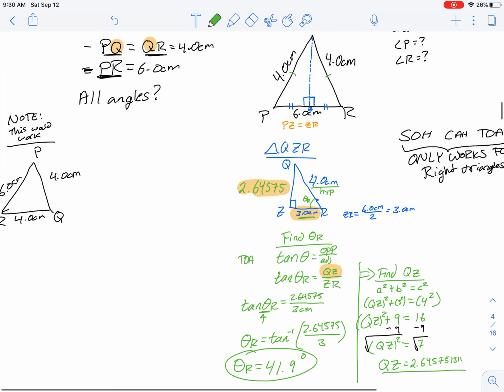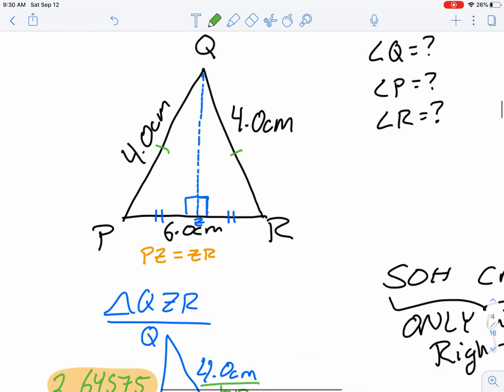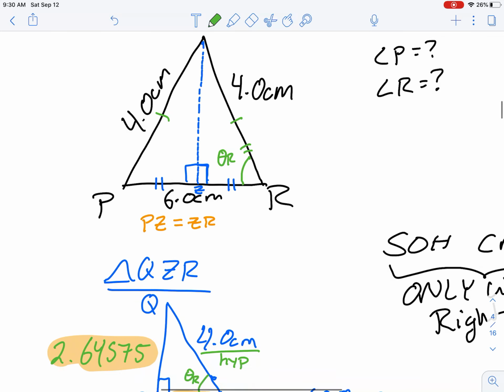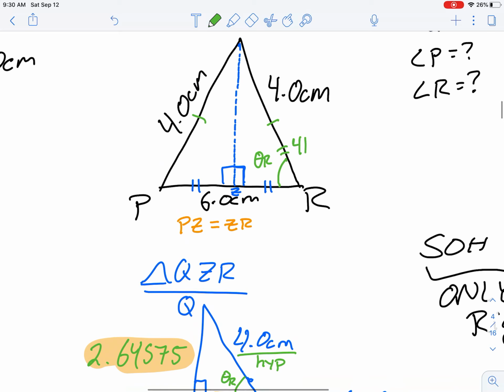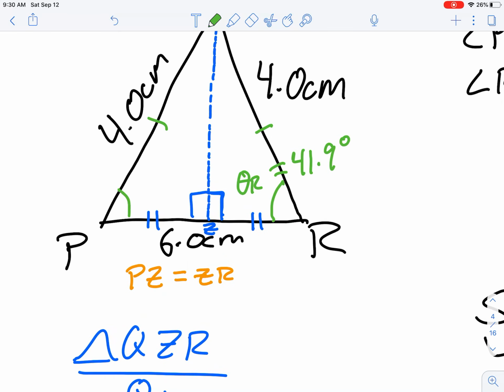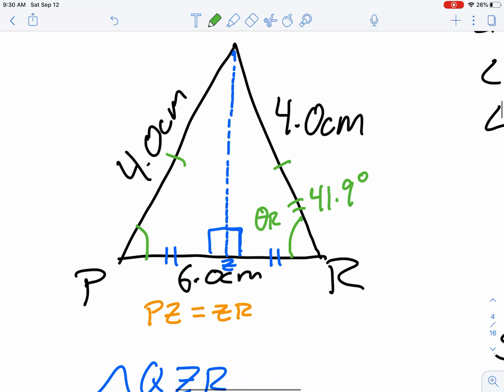Which is great. Now, let's go back here and show that. So this was angle R. We have found that to be 41.9 degrees. Now you could do that all over again to find angle P, but if you're really good with triangles, something you can understand is isosceles triangles have the same angles that are attached to the same side lengths.